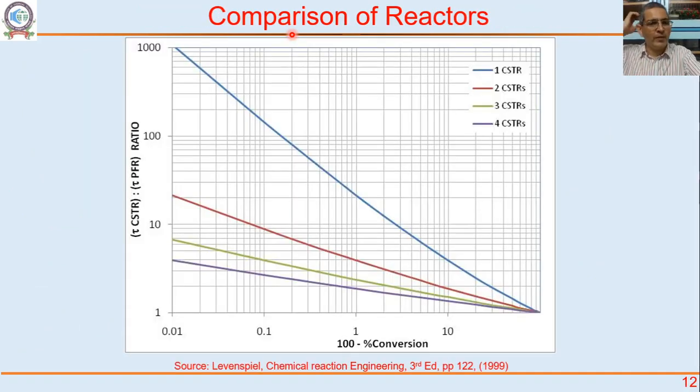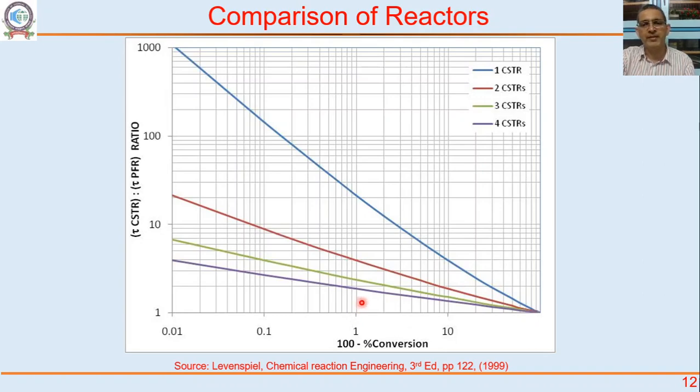Okay. And you might have studied this as well, a very famous plot from Levenspiel for a given reaction, let's say first order reaction, how the residence time required for CSTR compares with that of PFR. And you already know that for a given first order reaction, if you have let's say 99% conversion, so this is 1, that means 100 minus percent, so 99% conversion is here.